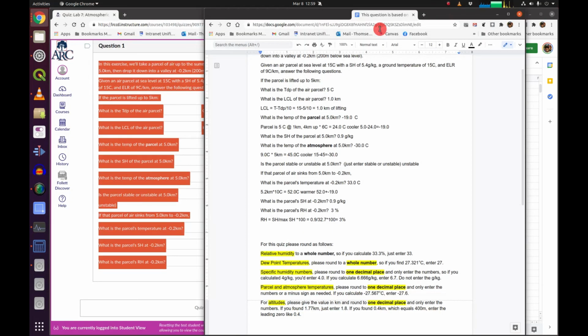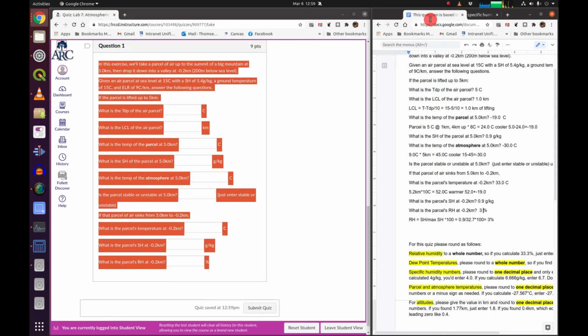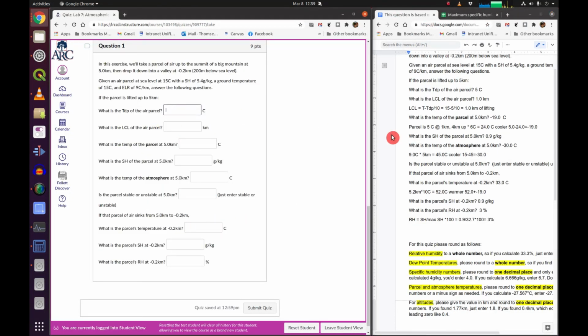So now let's enter these and make sure that everything is formatted correctly. Relative humidity and dew point are whole numbers. So the dew point is 5, whole number. Lifting condensation level is 1.0. The temperature of the parcel is negative 19.0.